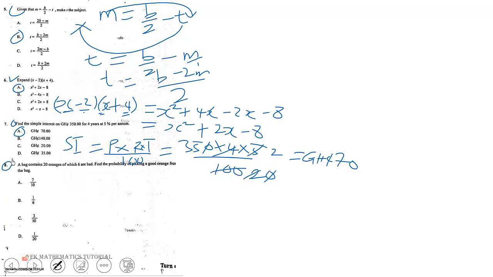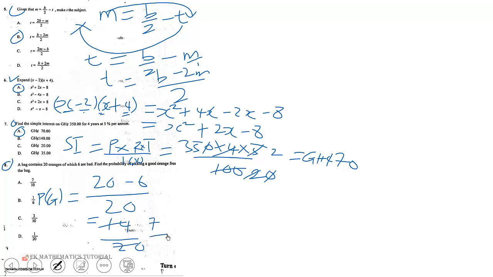So the number that are good is 20 minus 6 over total number, which is 20. So probability of good is equal to 14 over 20. 2 going into 14 7 times, 2 going into 20 10 times. So the answer will be 7 over 10.